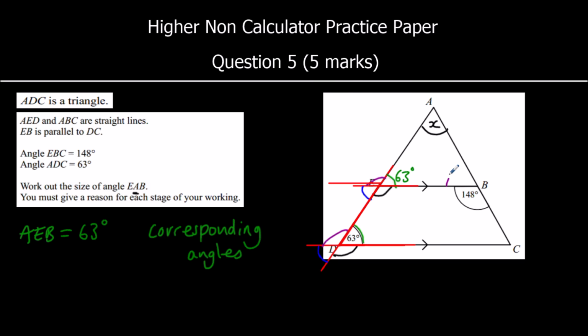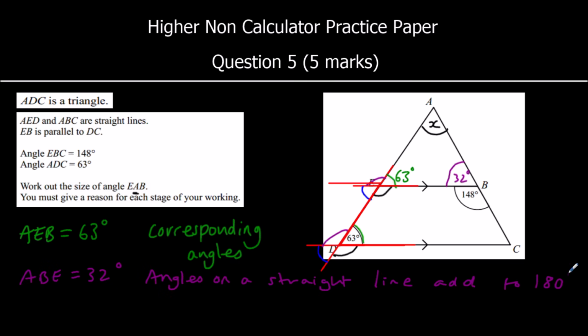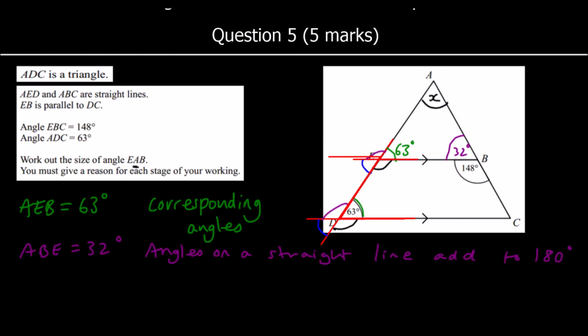We can then use angles on a straight line, add up to 180 degrees. So ABE is 32 degrees because angles on a straight line add to 180 degrees. And then to find x, we can use angles in a triangle. So we have 63 and 32, which means we've got 95 so far.